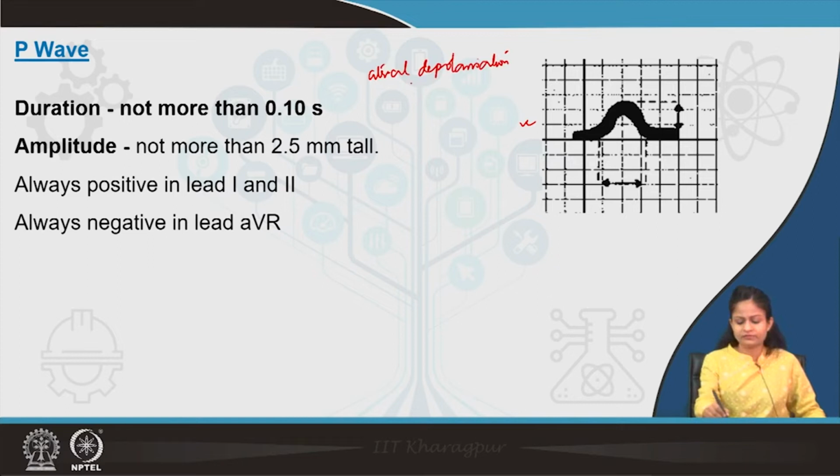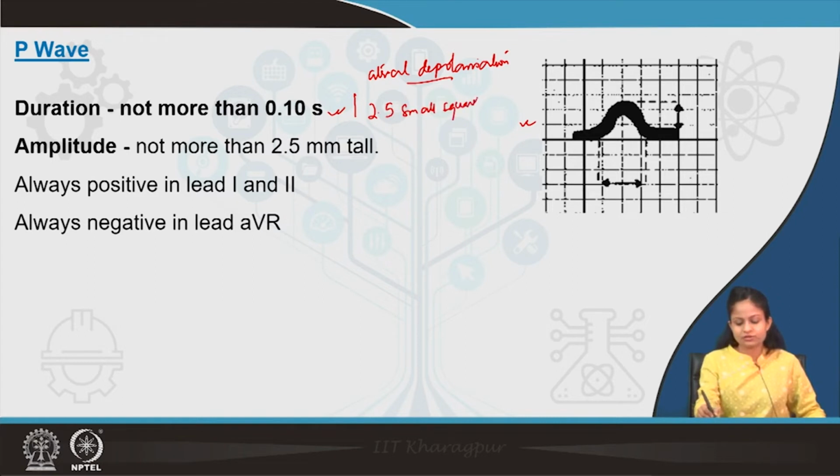This we know, and we also know that the configuration of the P wave is an upward or positive deflection, and in which leads it gives positive deflections. The most important thing is that the duration of this P wave should not be more than 0.1 seconds. In other words, we should remember it should not occupy more than 2.5 small squares.